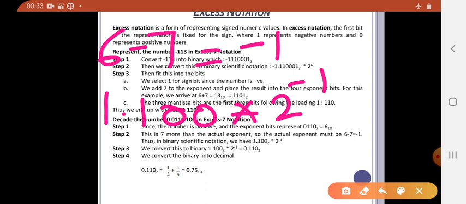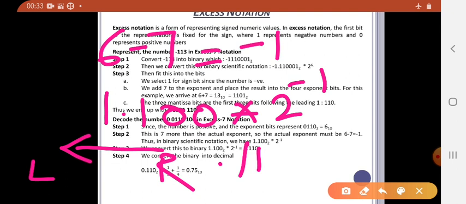Keep in mind. Then after that we convert this to a binary number. When you convert this into a binary number, the decimal point moves this side, right to left. So the new number will be 0.1100. This will be my binary number.